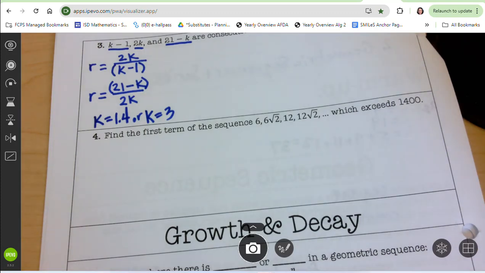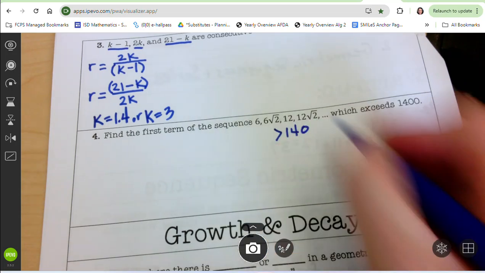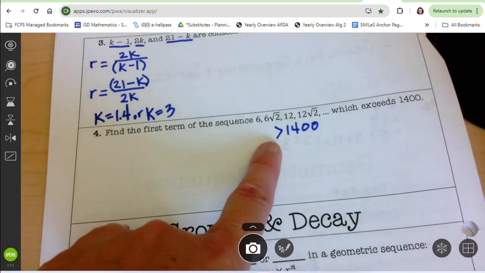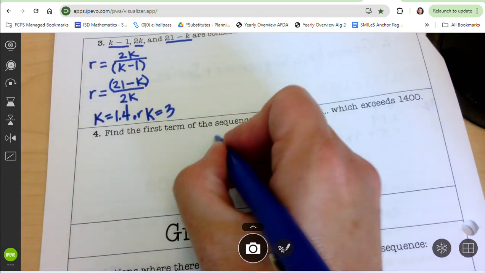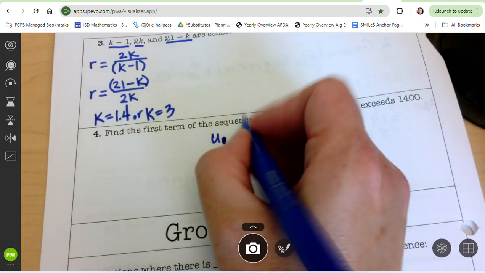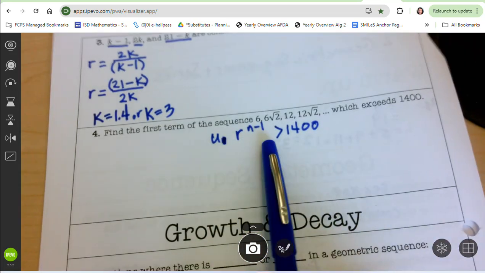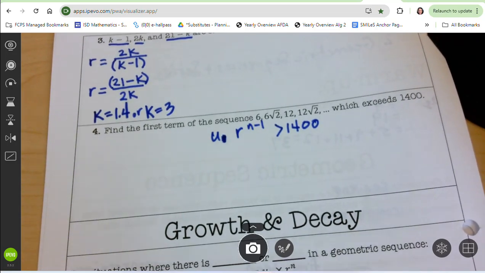And so we know that the answer is going to be greater than 1,400. All right? And then what's going to go over here is your formula. And your formula was u sub 1 times r to the n minus 1. All right, so some term is going to be greater than 1,400.